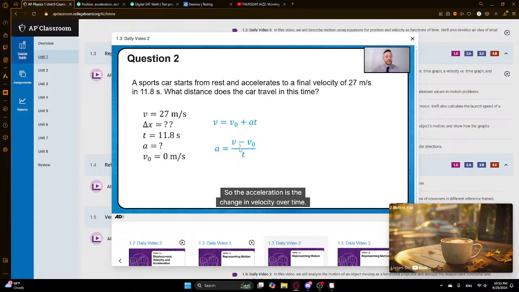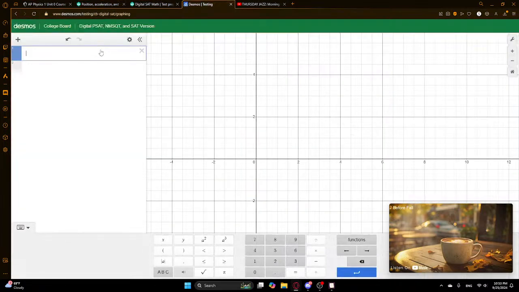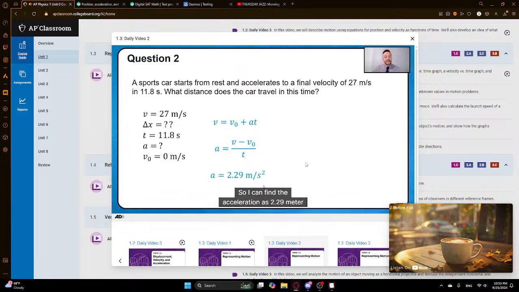Acceleration is the change in velocity over time. I have both of those velocities, so I can find the acceleration as 2.29 meters per second squared.